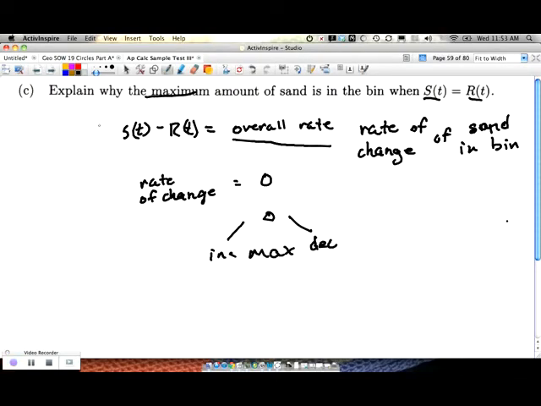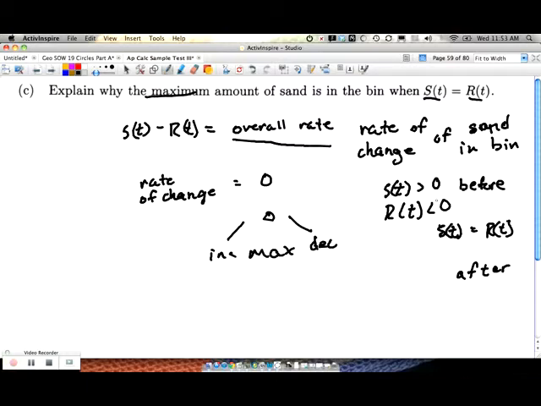So, explain why the maximum amount of sand is in the bin when S of t equals R of t. S of t is greater than 0, R of t is less than 0 before S of t equals R of t, and then after, those two flip-flop. Actually, let's put these two together.